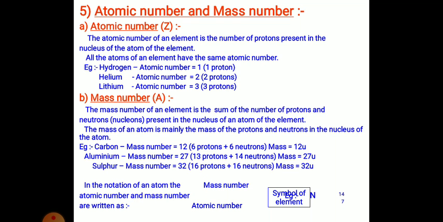For nitrogen, I have mentioned here 7 at the base and 14 at the upper side, the superscript. The number at the subscript is the atomic number, and the number at the superscript, which in the periodic table is called the atomic mass number, is capital A.